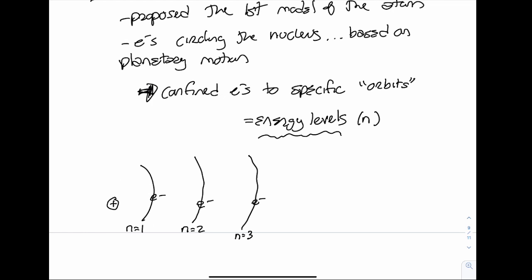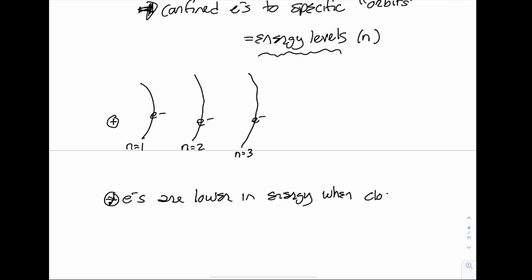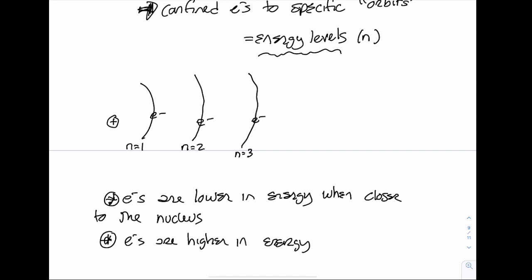So let's try to write some of this down because I know I just said a lot. So our first part is we need to remember is that electrons are lower in energy when closer to the nucleus. Electrons are higher in energy when further from the nucleus.